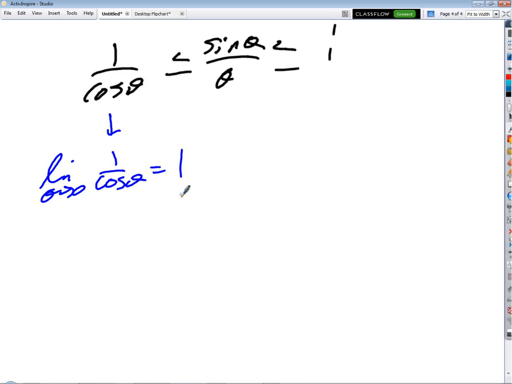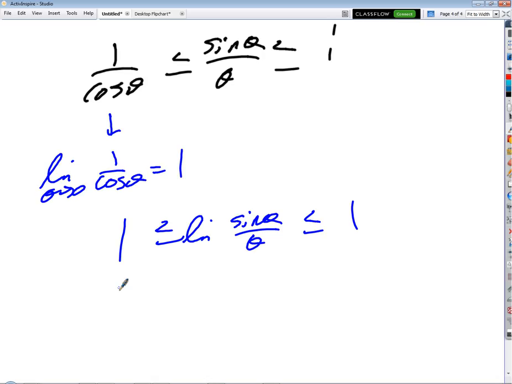The limit of 1 is 1, right? So what about this limit of sine theta over theta then? The limit of sine theta over theta has to be trapped between 1 and 1, so it converges on 1, right? Because this limit went to 1, this limit went to 1, so that has to get dragged to 1 also by the squeeze theorem.